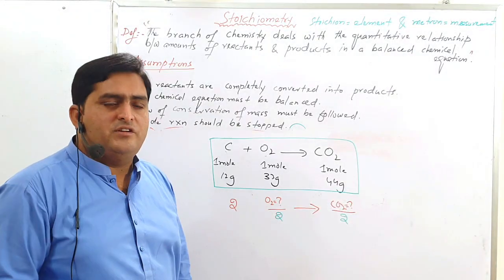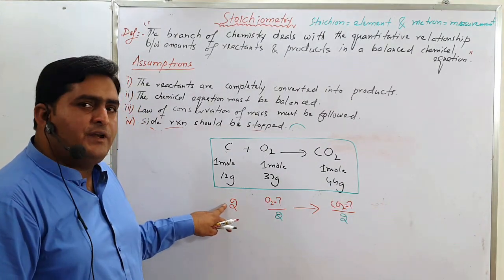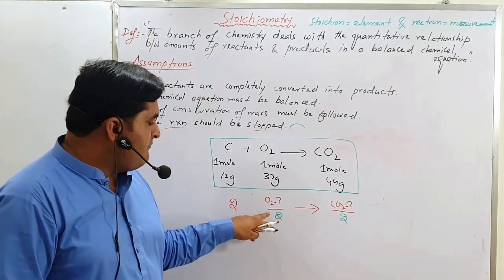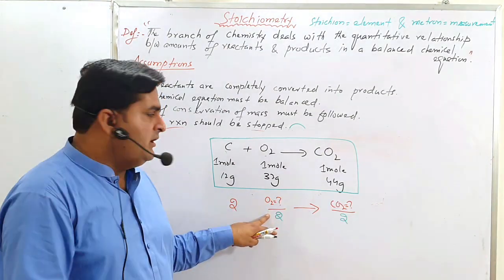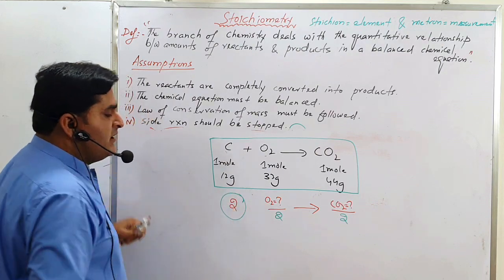So this relationship, which relationship? We are given the moles of one reactant, and we have to find the moles of the other reactant and the moles of the product from the one thing that was given.